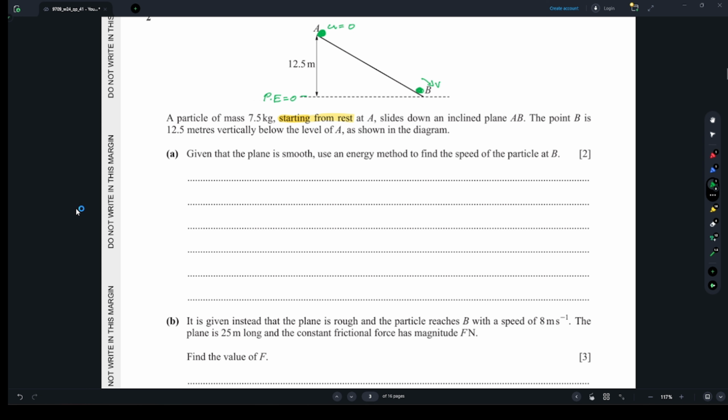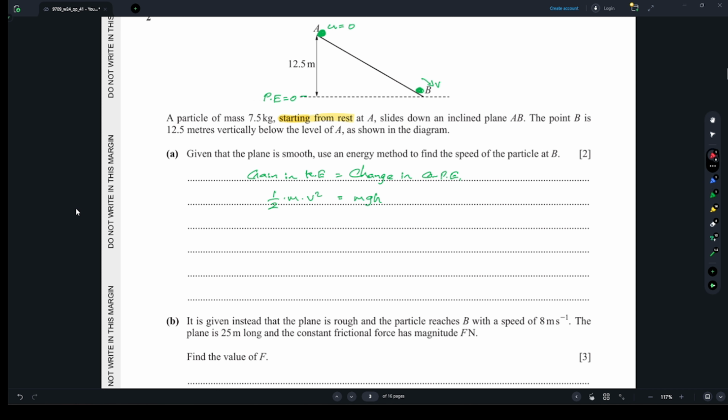So it's better to write it down. Gain in kinetic energy equals the change in gravitational potential energy. Okay, so kinetic energy we can write half mv squared, so we don't know the velocity. And then the gravitational potential energy, we know that mgh.